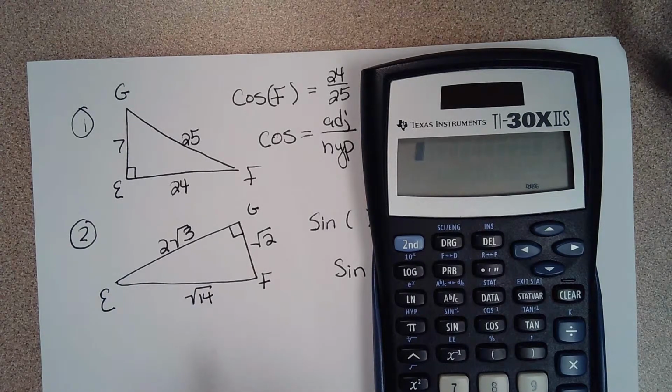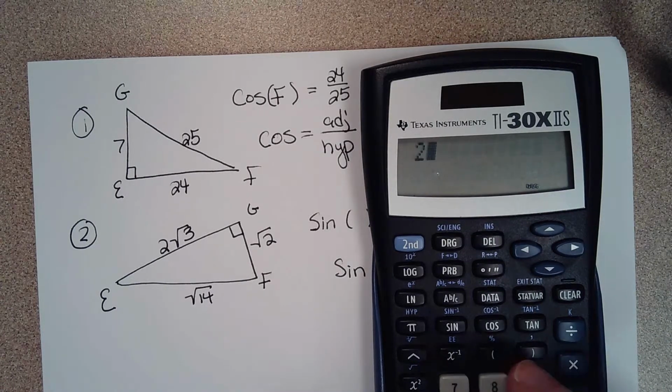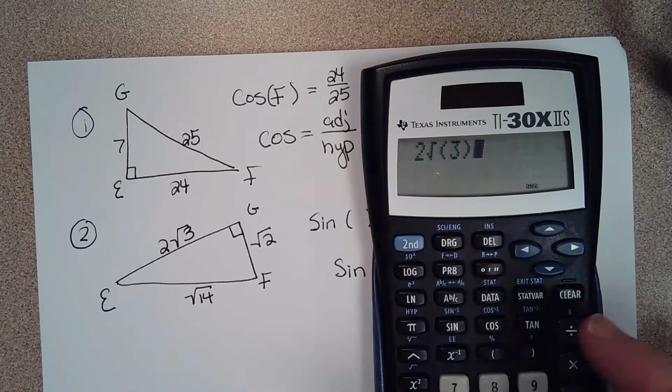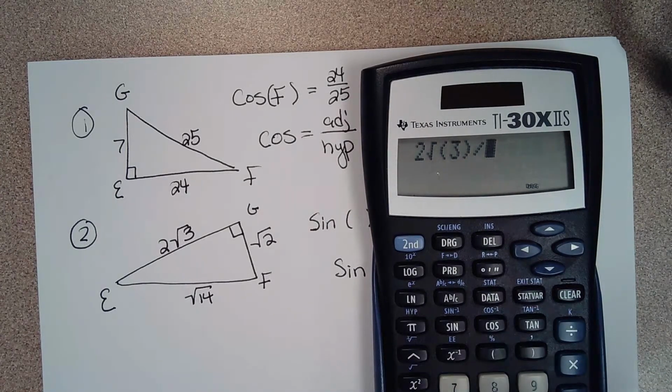Well, 2 square root 3 over square root 14. Let's try that one and see if it's F. So 2 second square root 3 divided by, and I'm going to put this in parentheses, second square root 14. And I get 0.925. That's too big. It's not 0.38, so that one's not going to work.